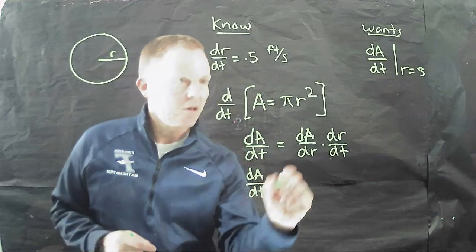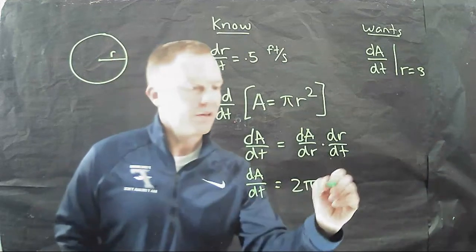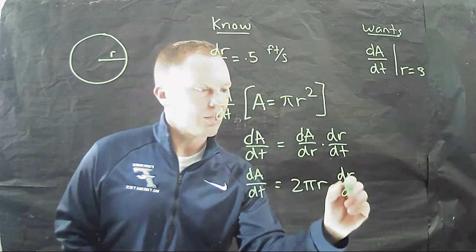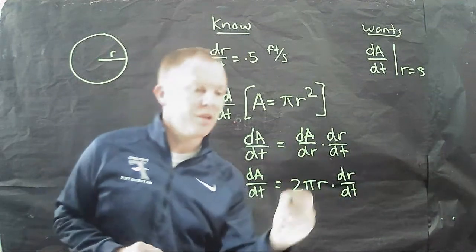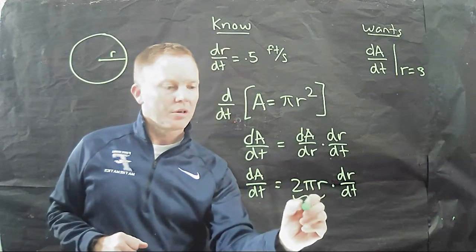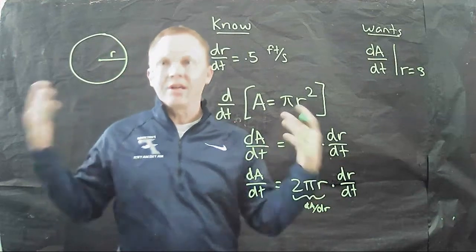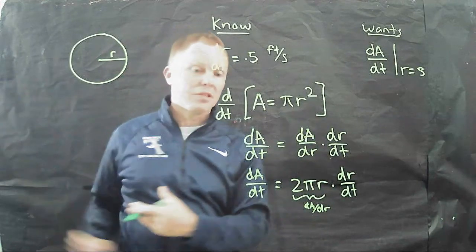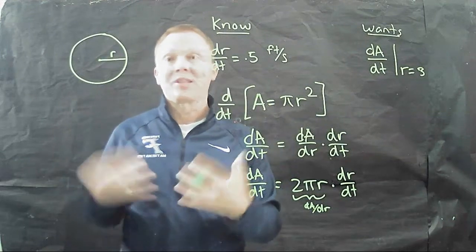And what's dA/dr? Well, dA/dr is just going to be 2 pi r, and then times dr/dt. This is also implicit differentiation. It's the chain rule. It's the same thing. But that quantity right there is dA/dr. 2 pi r is how the area is changing with respect to the radius. dA/dt is how the area is changing with respect to time.